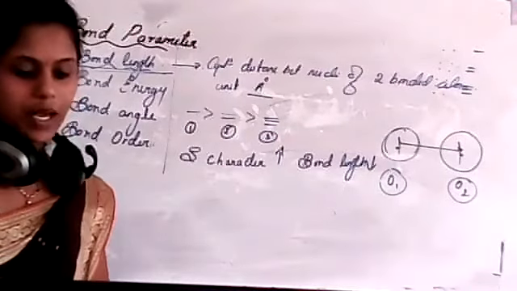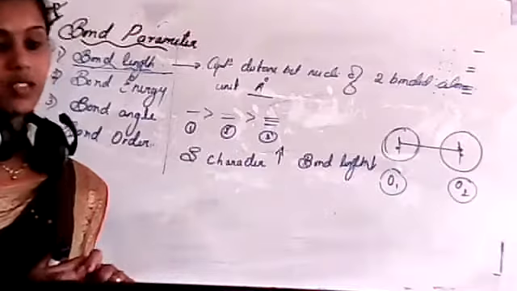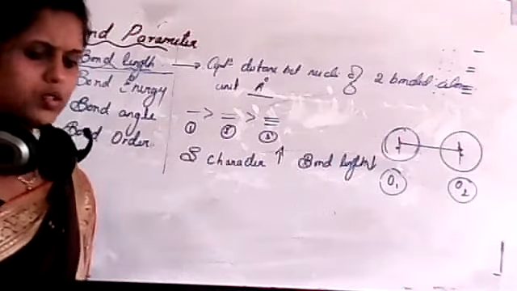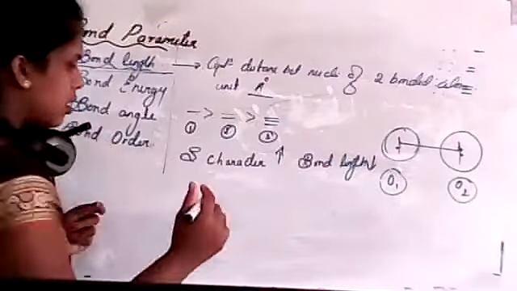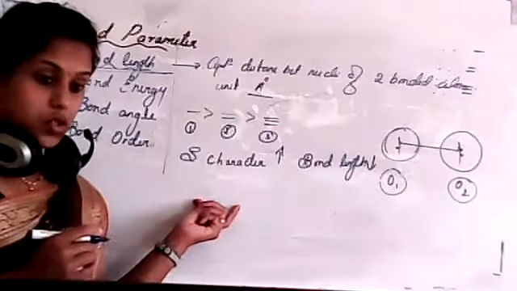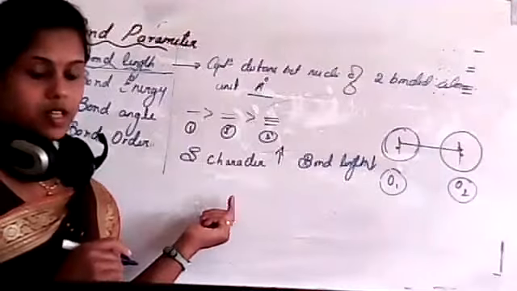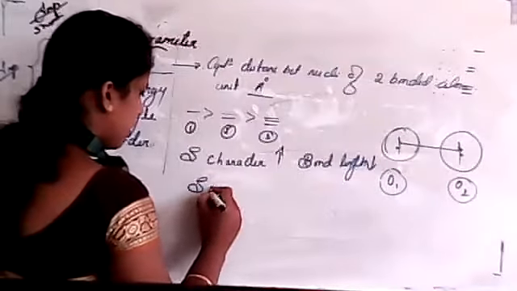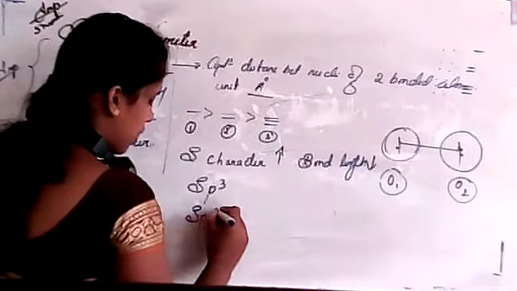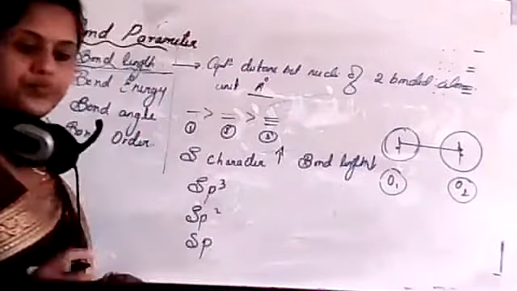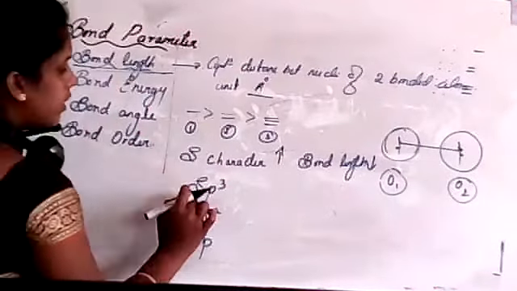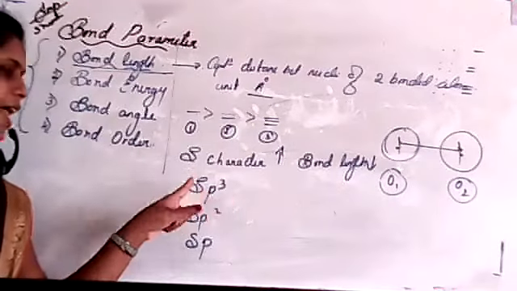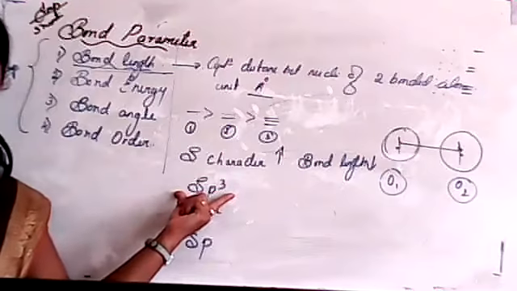So there are three types of hybridization, mainly, isn't it, student? I think this word is familiar to you. So there are three main hybridizations: sp3, sp2 and the third one is sp. Now the question, what is the percentage of s character in sp3 hybridization?